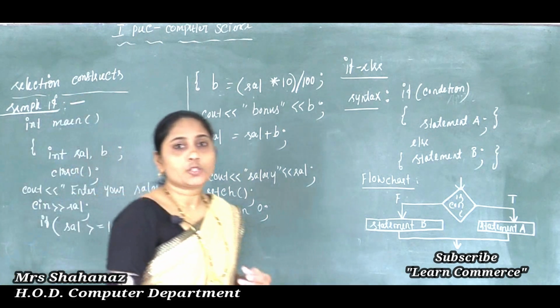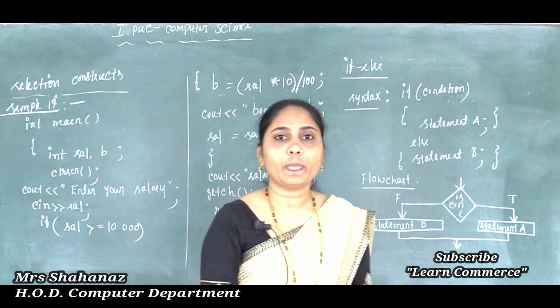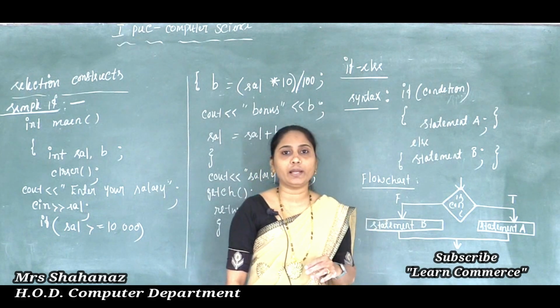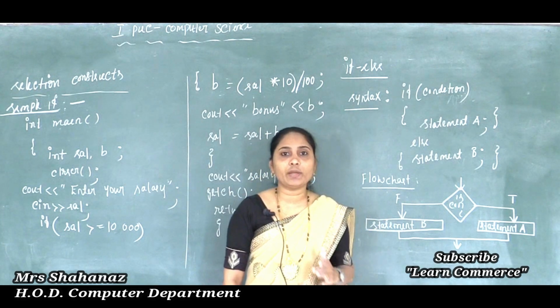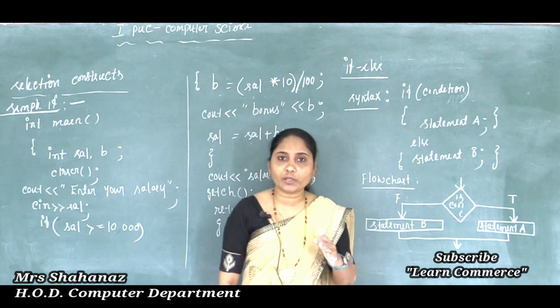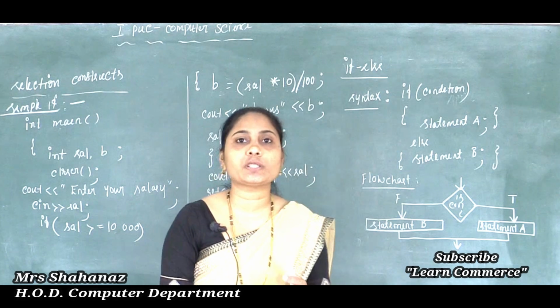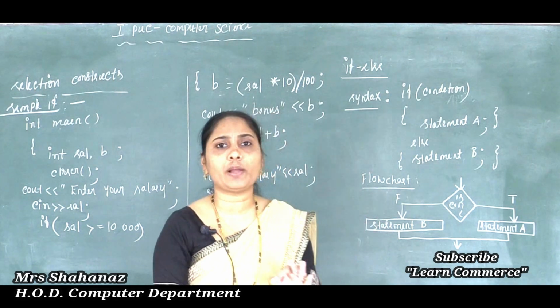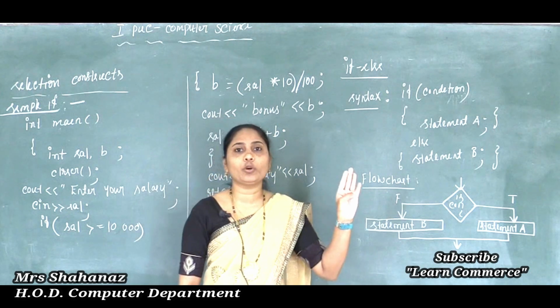So before writing any program, first of all we need to start from our header file. The header file depends on the variables and the functions we are going to use in the program. Mostly the header file we use is hash include iostream.